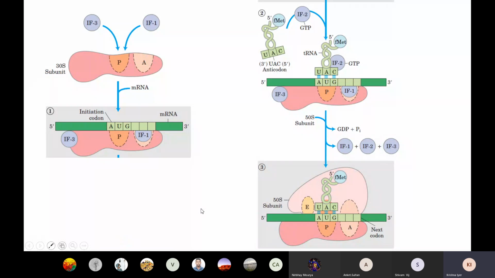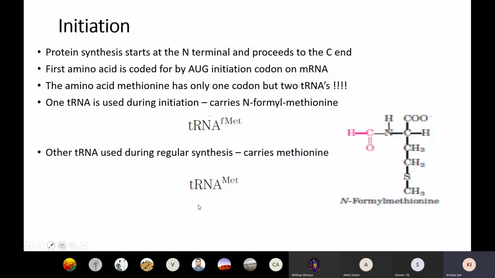As we were saying, in case of initiation, the amino acid methionine, which is usually the first amino acid added in every protein that is made because the initiation codon is AUG, in prokaryotes is not regular methionine but formyl methionine, which is carried by a special tRNA that only binds to the initiation codon AUG.